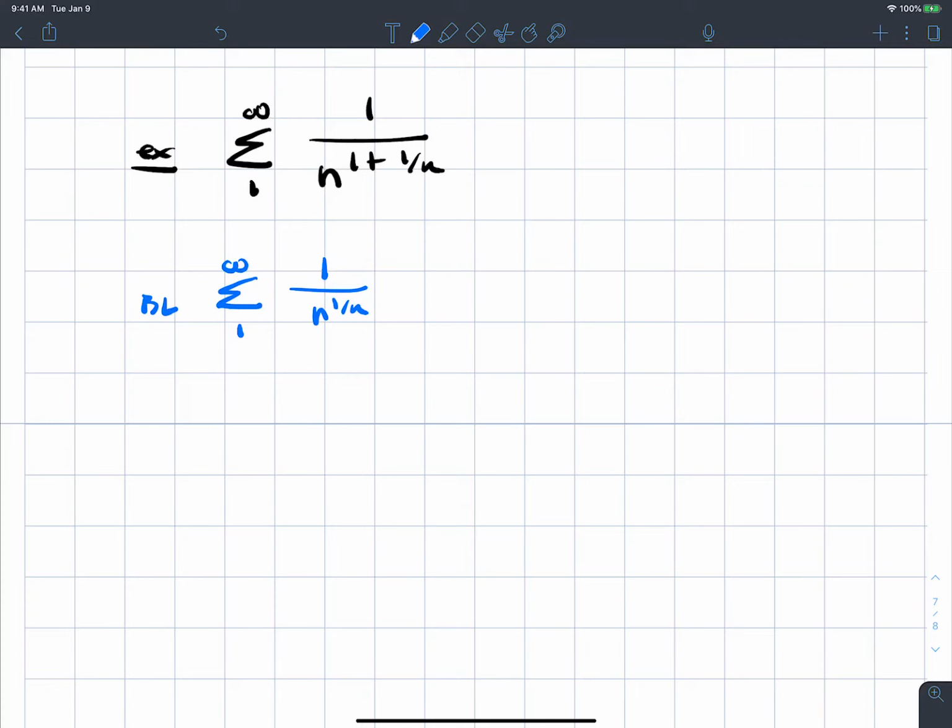What is that? I don't know how that converges. I might have to use a comparison for the comparison.